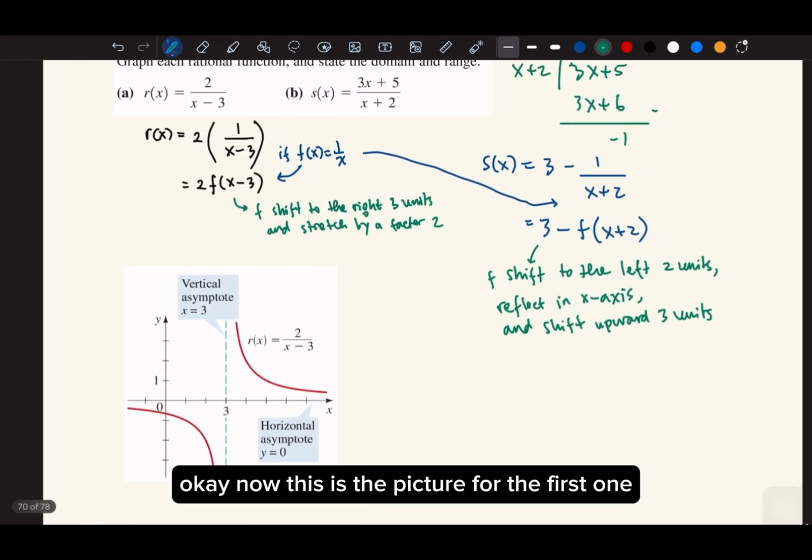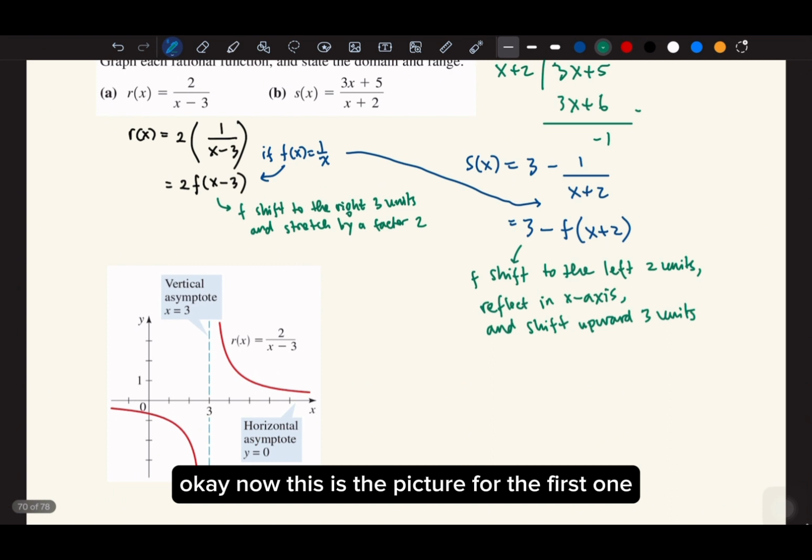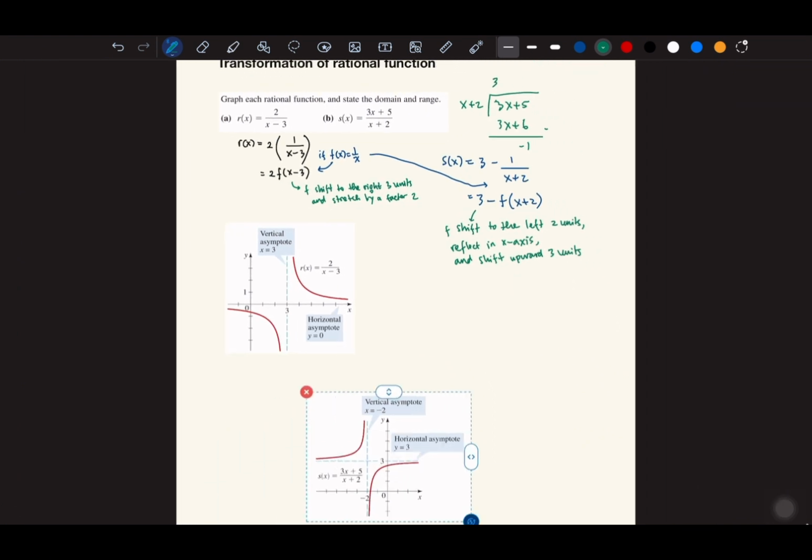Okay, now this is the picture for the first one, and this is the second one.